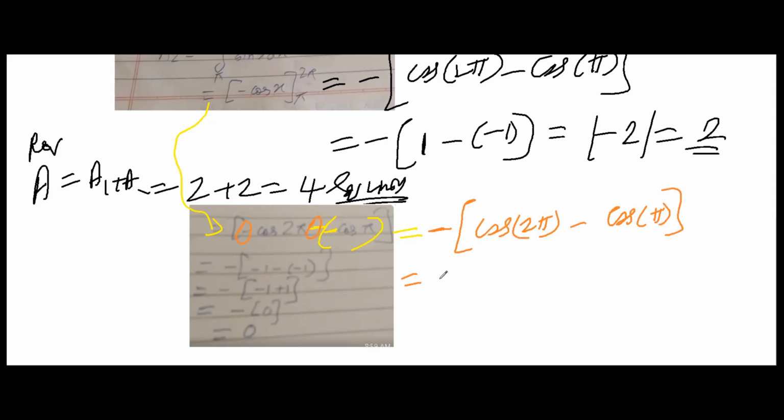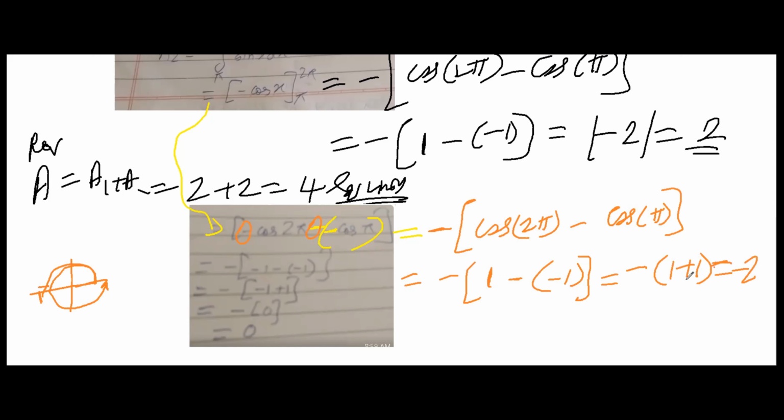What is cos of 2 pi? This is cos 0, which is 1. What is cos of pi? Cos of pi is minus 1. So 1 minus of minus is plus, so it will be 1 plus 1, which is nothing but minus 2.